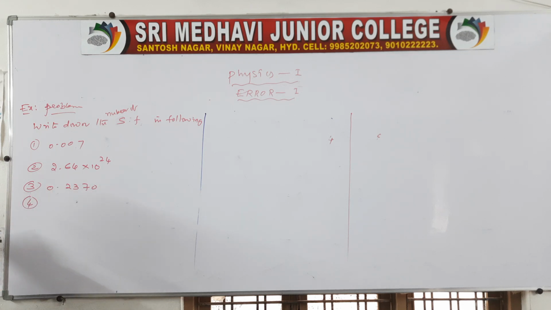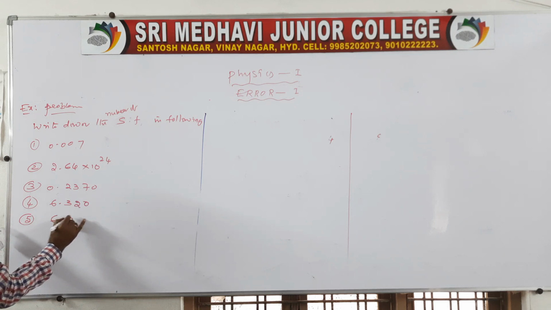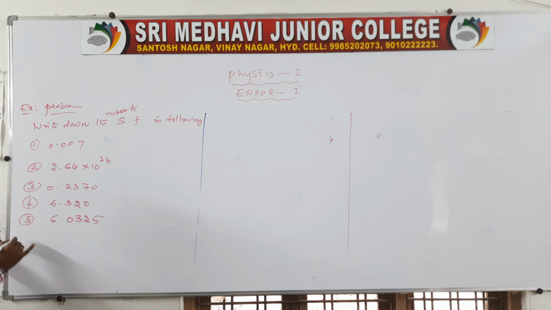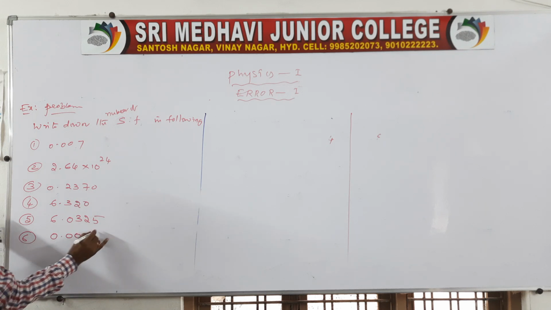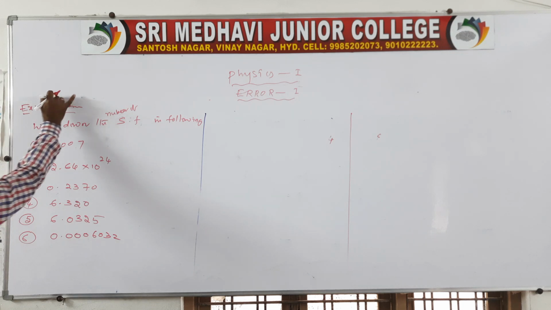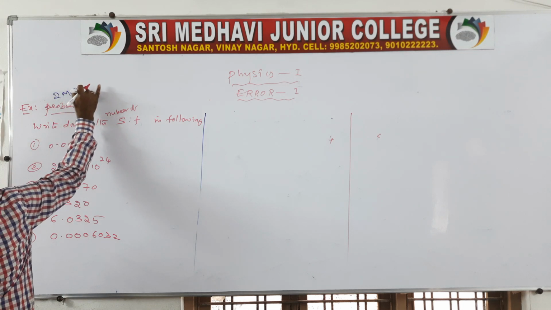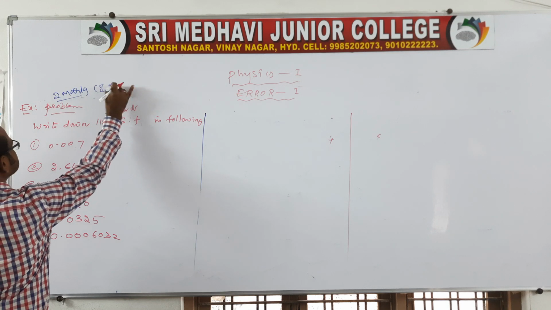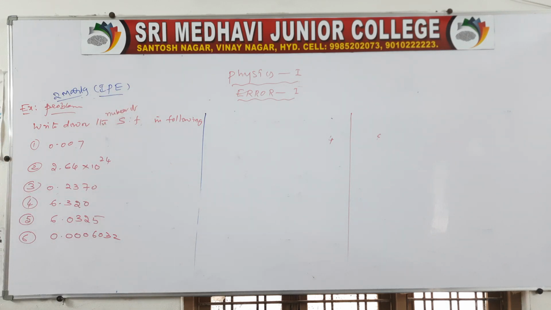Fourth is 6.320, and fifth is 6.0325, and sixth is 0.00006032. It asks to write down the number of significant figures in the following. It is for 2 marks. A very simple question. In IPE, Intermediate Public Examination, this is the question.